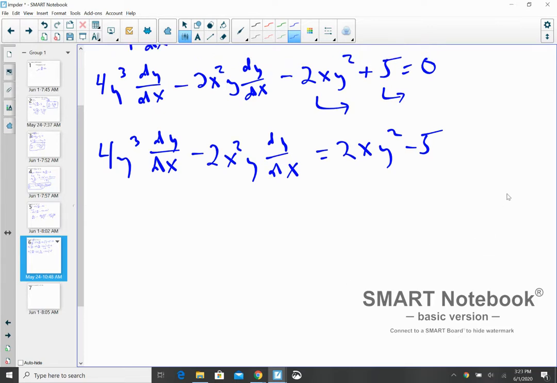Now, in order to get dy/dx by itself, what you'll end up doing, and I'll show you this once in slow motion. In the future, you can just quickly divide this on over, but you'd be factoring out the dy/dx. And when you do that, you have these two guys together in, oh, I keep making that mistake. All right, I fixed it.